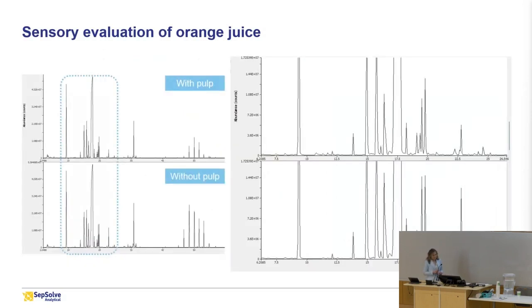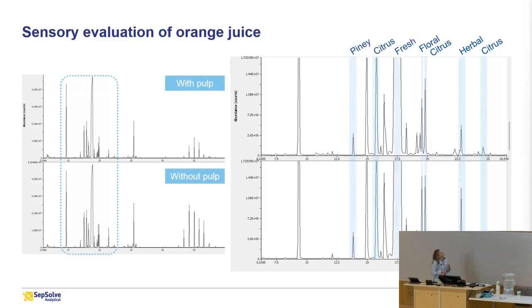If we look at the chromatograms first in a 1D mode, it's really hard to tell what the differences are, and they're complex enough that it really does need GC×GC. But if we look through the things that are appearing in these, we can see some citrus, some herbal, some floral smells, some fresh smells, some piney ones, and then some leafy.